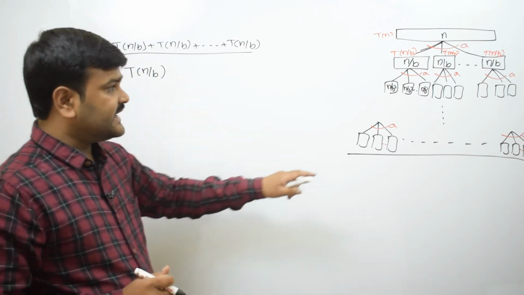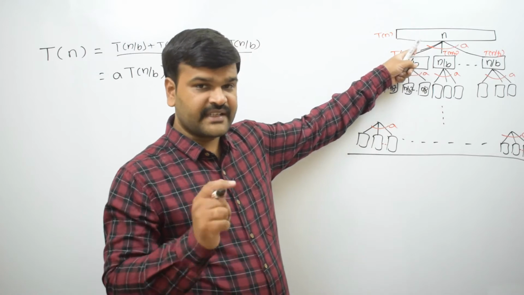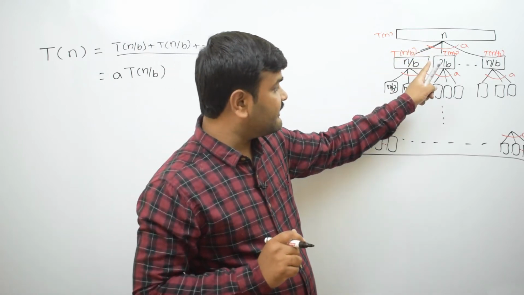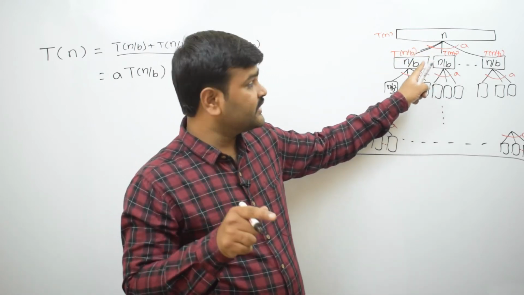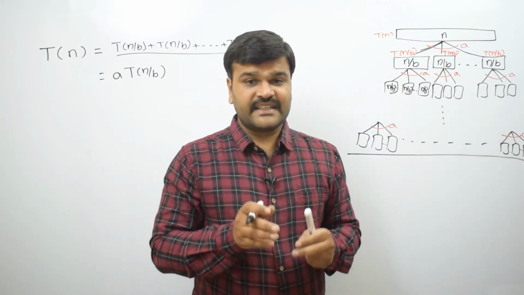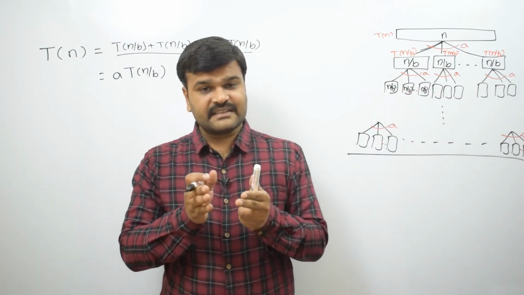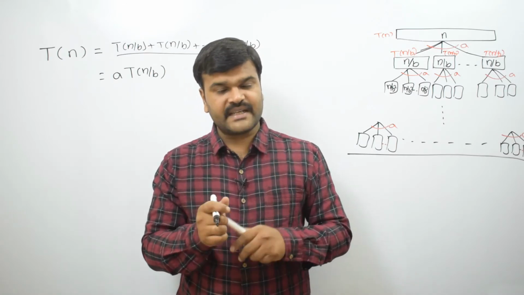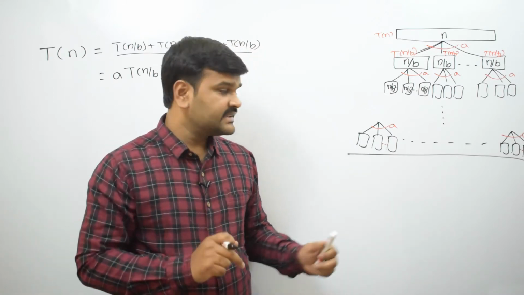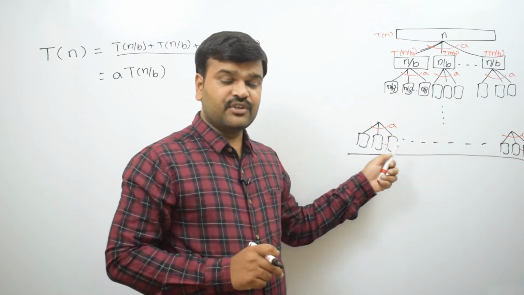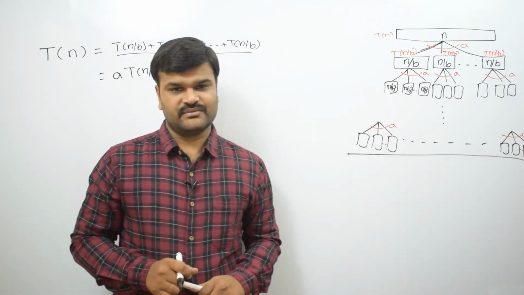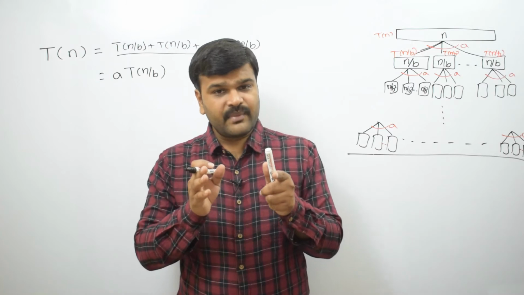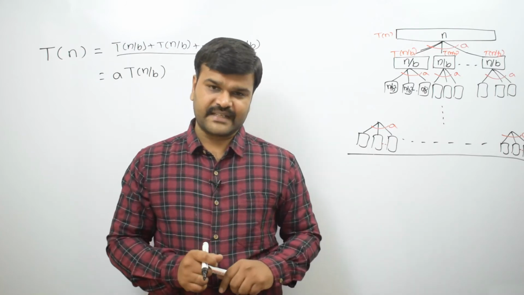Initially given n, this n is divided into A subproblems. Division is also some work, and it will take some amount of time, right? Or sometimes subproblem solutions you have to combine also. That combining also will take some amount of time.